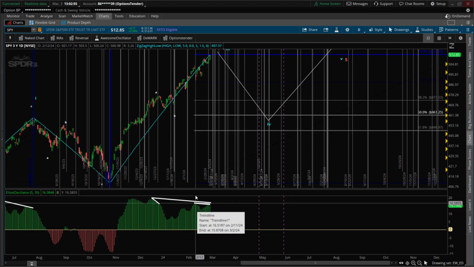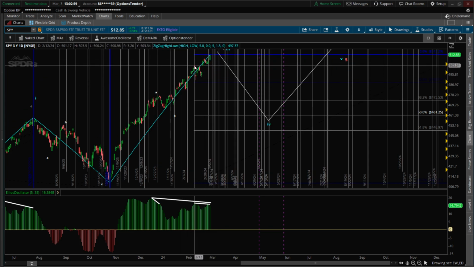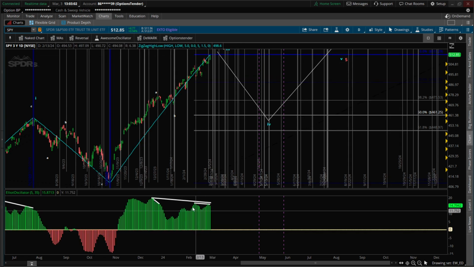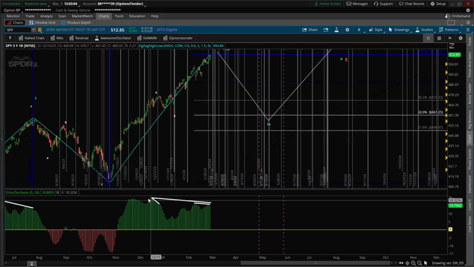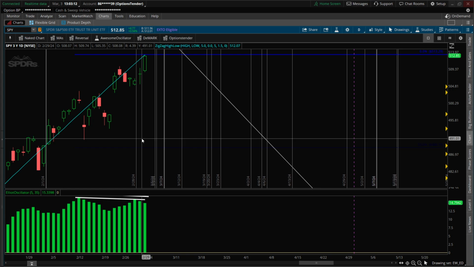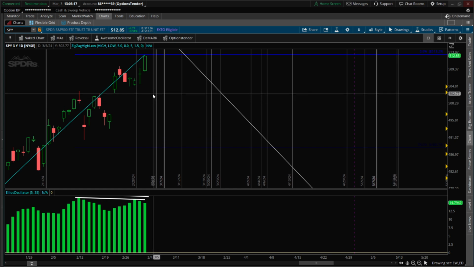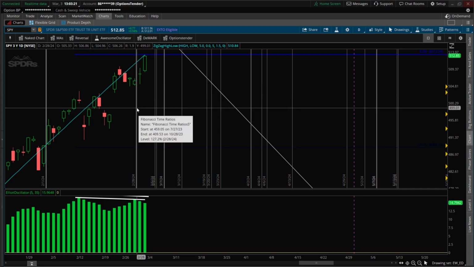But also on this last move, from this high to this high, we're getting another divergence. So that should start playing out on this major divergence here. That gives us a clue that something looks like it's about to happen. So we have a little bit of a cluster here. That's what I want to show you on this time frame.